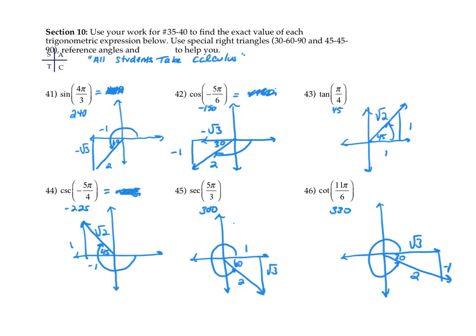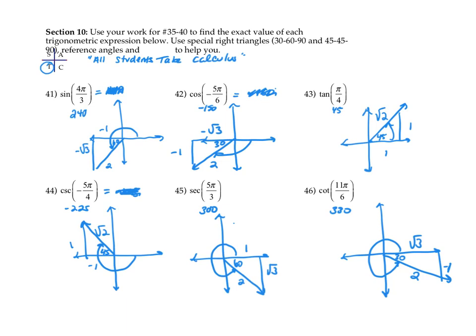Okay, so now for finding the exact value. With number 41, we have the sine of 4 pi over 3, which is equivalent to the sine of 240 degrees. The first thing you want to do is draw your arrow to indicate the direction. We're in quadrant 3, and in quadrant 3, only tangent and cotangent are positive.